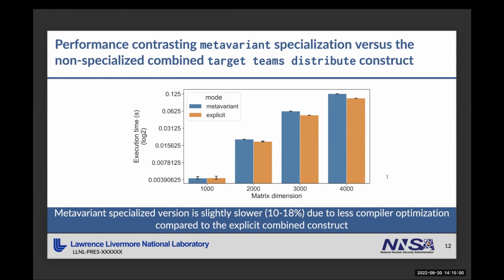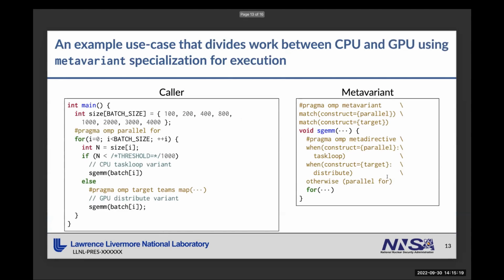We have the target teams split across caller and callee, and it can't always analyze it through because they're separate compilation units and we didn't have LTO enabled in this. Combining it with the previous talk, we probably would get much of that back. And it's simpler code. You don't have to have two separate variants of SGEM or some interesting meta directives.